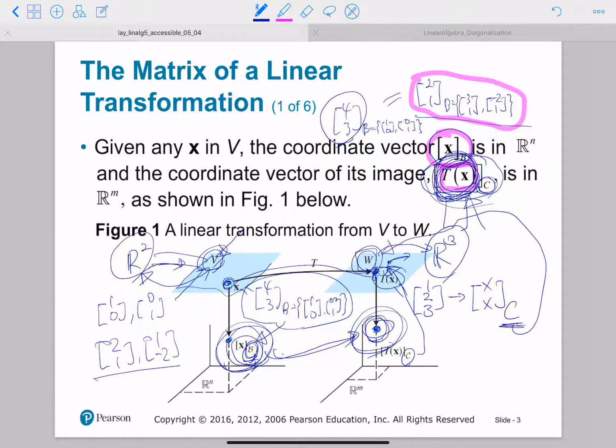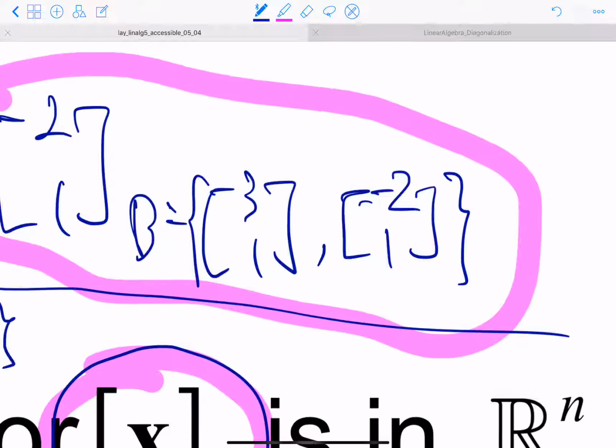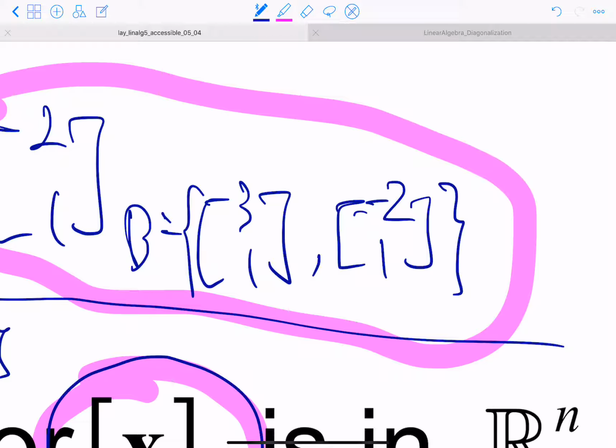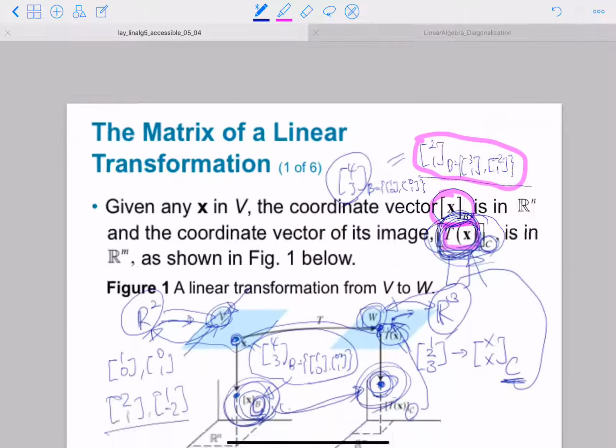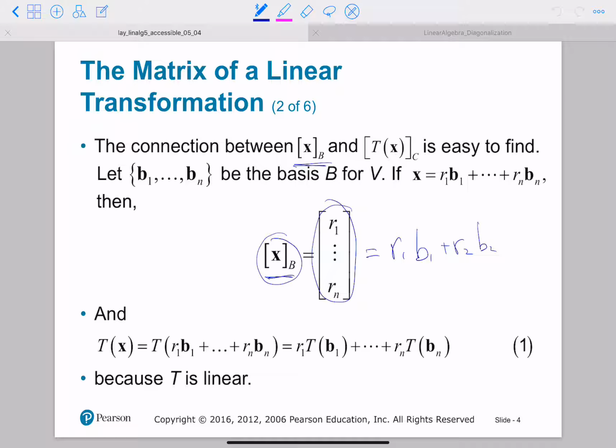So here this guy is 4 times 1, 0 and 3 times 0, 1, and this guy is 2 times 3, 1 and 1 times negative 2, 1. Okay, so this linear combination is represented in this form. That is viewed as reconstructing this vector in terms of the standard basis, right?